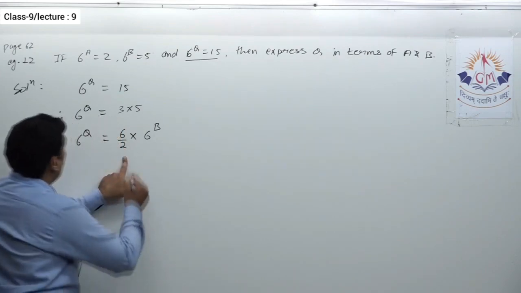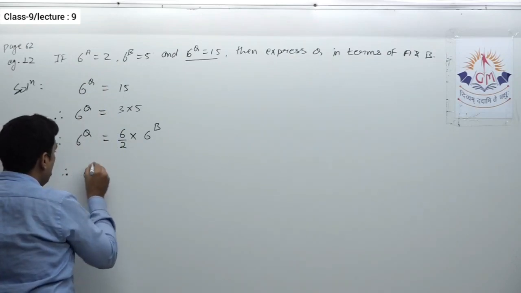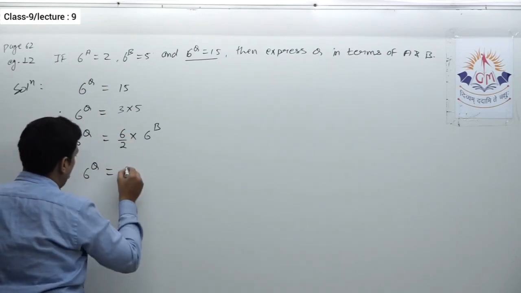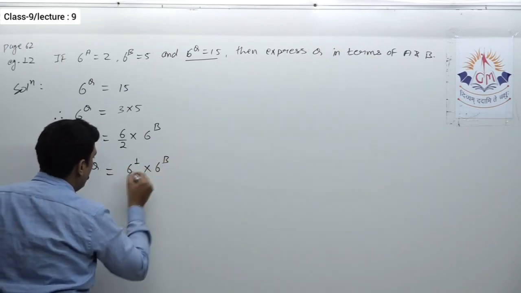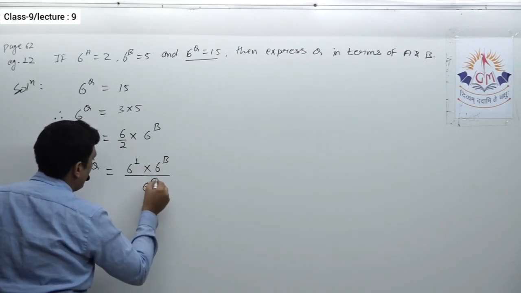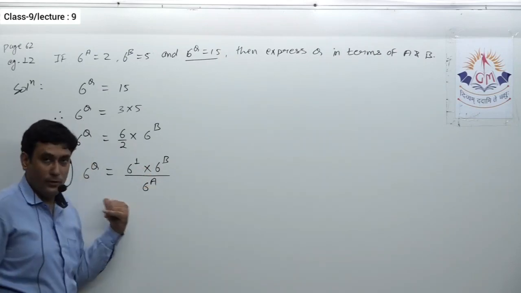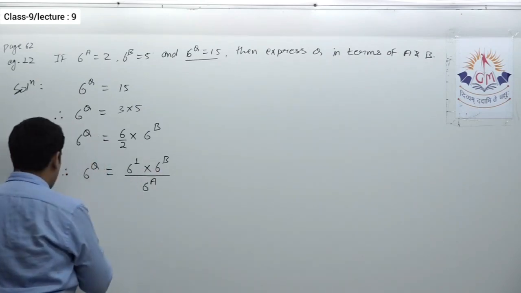Now what about 2? 2 is already given as 6 raised to a. So here 6 raised to q, at the place of 6 I write as it is, that is 6 raised to 1, this 6 raised to b, and at the place of 2 I write 6 raised to a. Okay, now all the terms on the right hand side are also in the form of 6 raised to something.